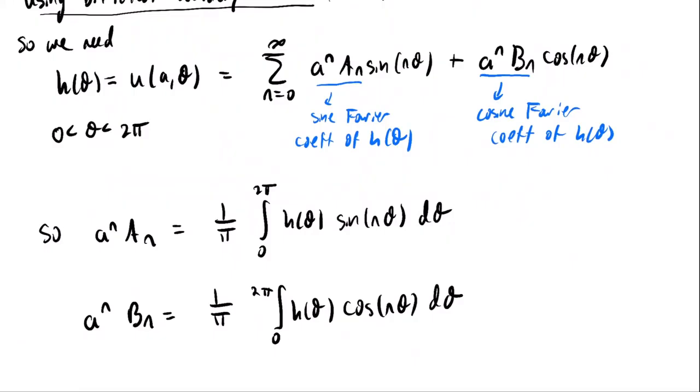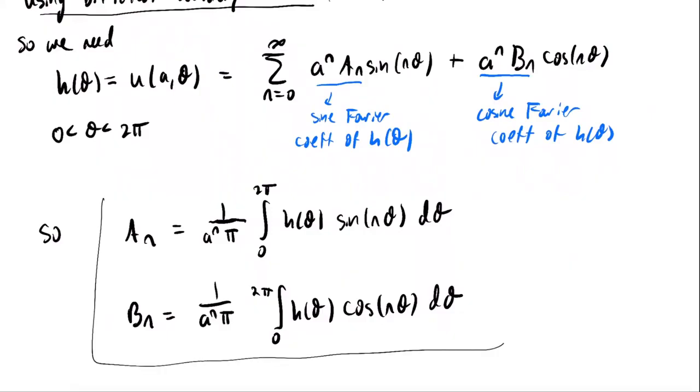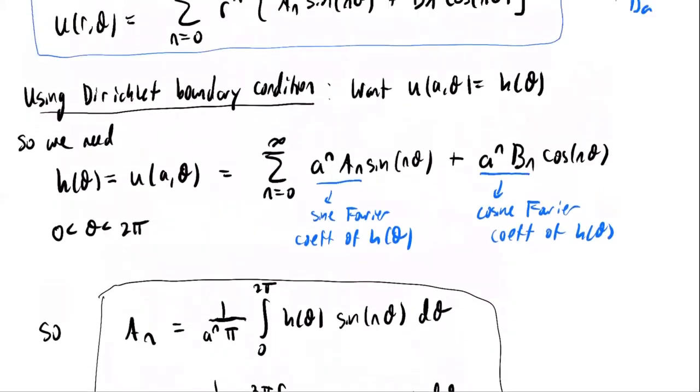These are just the full Fourier coefficients on this particular interval. Now, in order to find an and bn, I can just divide by small a to the n. So the sine coefficient capital A n is given by 1 over a to the n times pi, times this integral. And then bn is given by 1 over a to the n times pi times this integral. And so this is how we find our coefficients in the above formula.